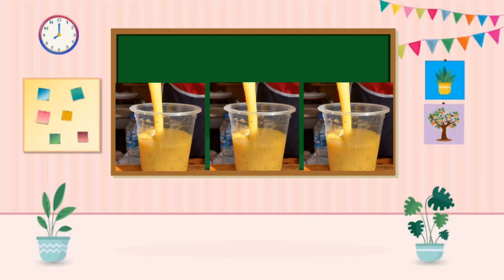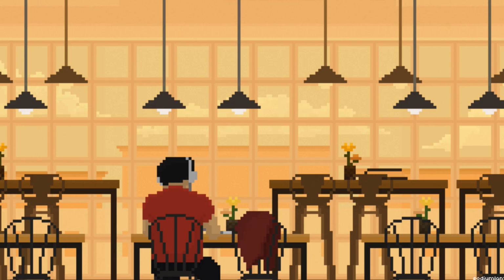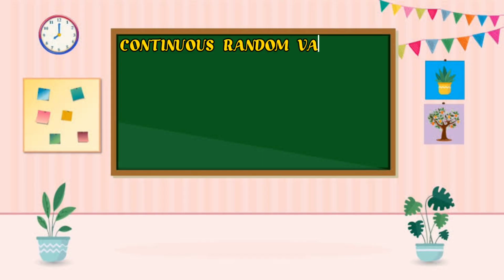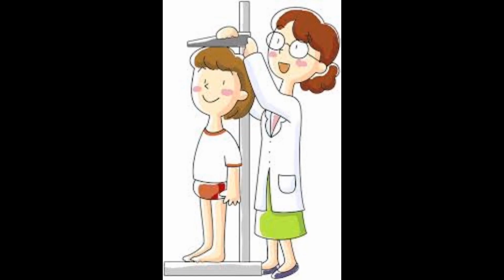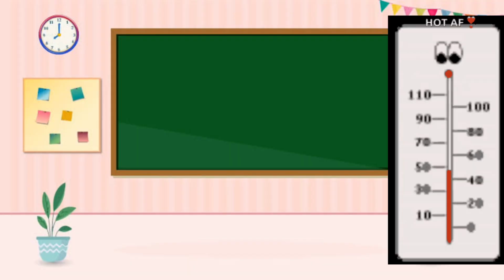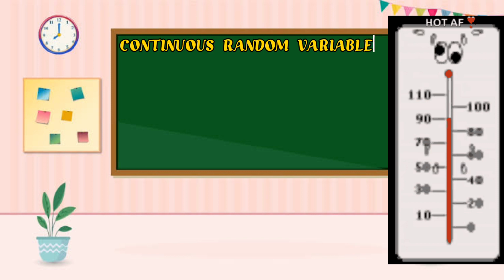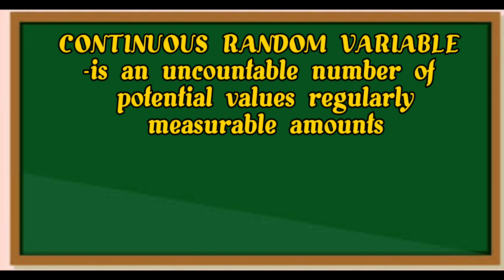If we are interested in how long it takes to create an order of mango shake or how long a customer will wait for the order, those are continuous random variables. Other examples of continuous random variable are the height of grade 11 students or the room temperature. So, what is really a continuous random variable? Continuous random variables can take an uncountable number of potential values, regularly measurable amounts.